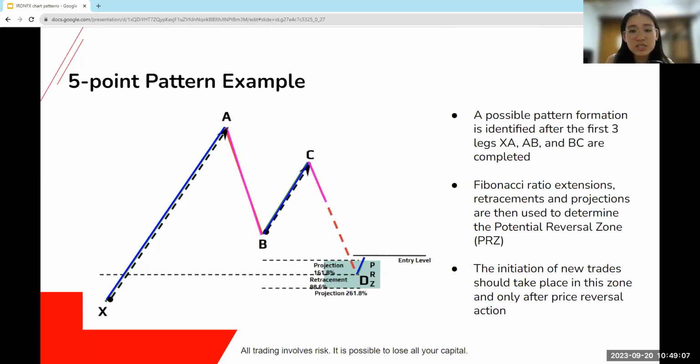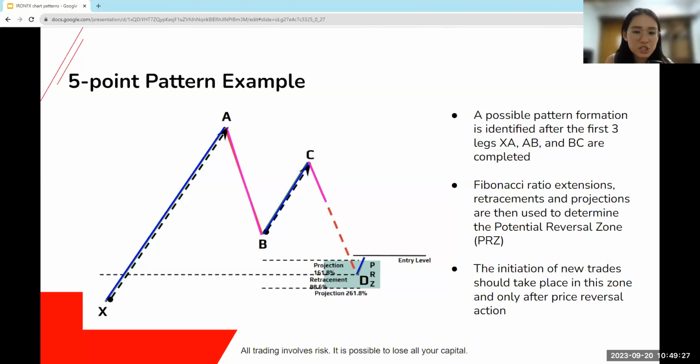A possible pattern formation is identified after the first three legs: XA, AB, and BC. Then we see where exactly we can place our entry level. Normally, your entry level would come after this neckline area here, because that's where you get downside confirmation.